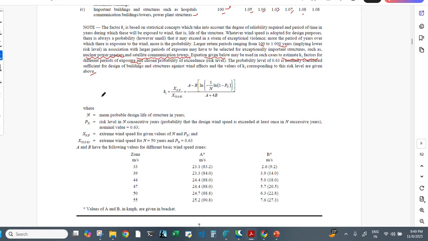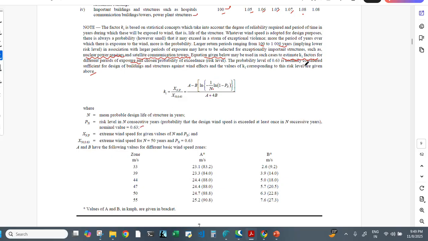The K1 value is calculated by X and P. This is the statistical concept we will discuss in the later chapters. N is the mean probable design life of the structure. Pn is the risk level of n consecutive years, nominal value 0.63.